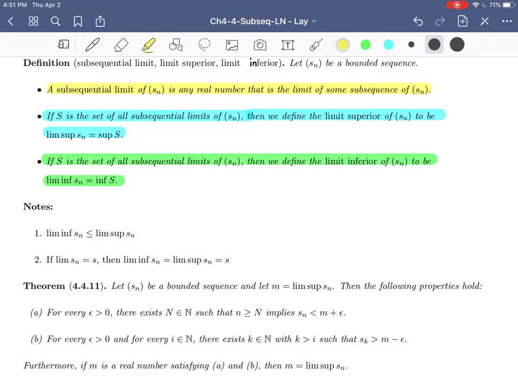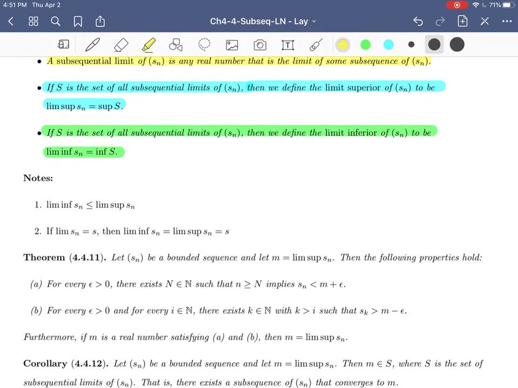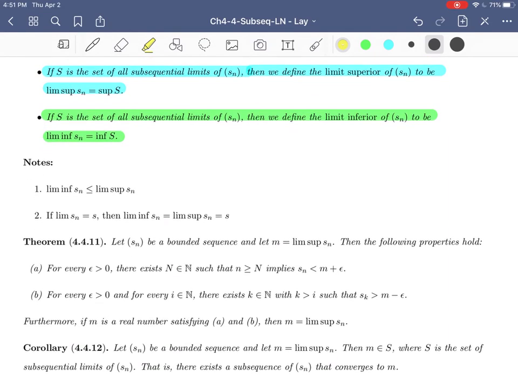But let's look at some properties of these and some theorems related to the limit superior and limit inferior. One property is that the lim inf, the limit inferior, should always be less than or equal to the limit superior.